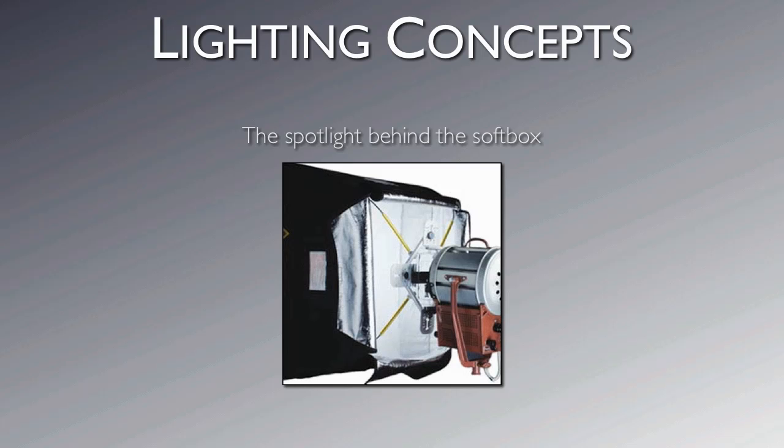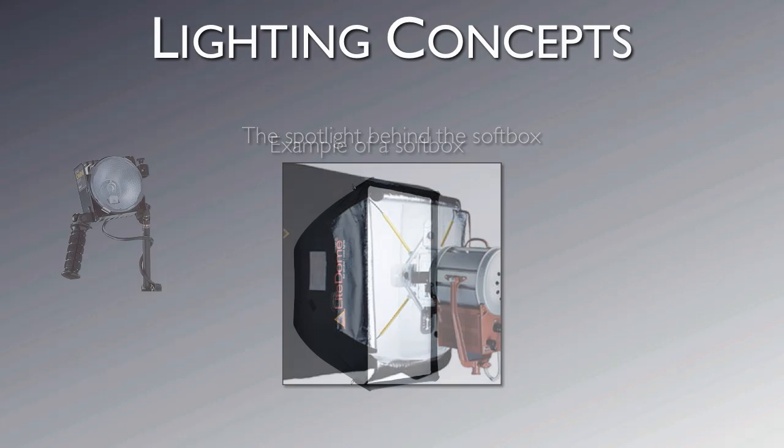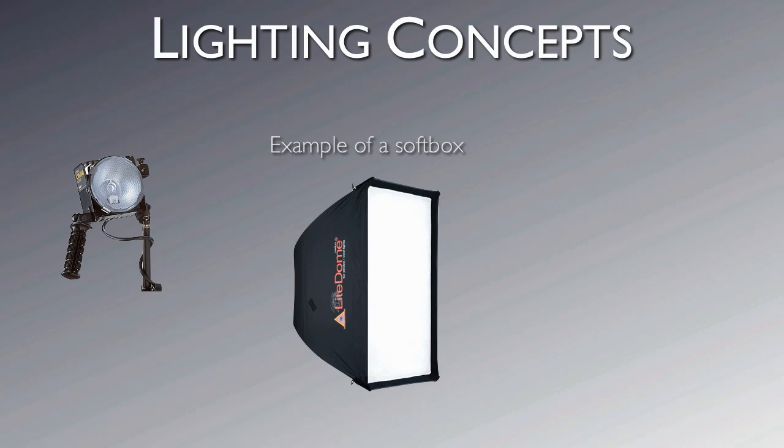But the softbox adds a screen to the fixture, and this screen and the material it is made of create a large light source. In other words, the size of the light is what determines the softness of the light. Dimming the light does not change the sharpness of the shadows. It might make them harder to see because the whole scene becomes dark, but that's all that it does.